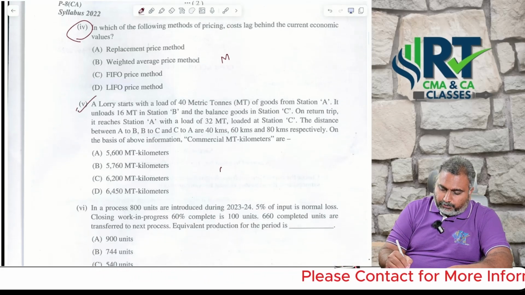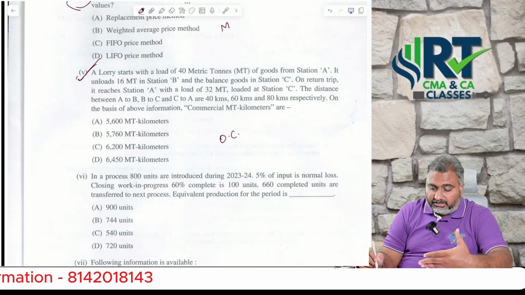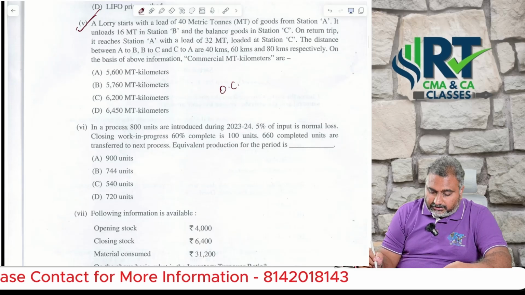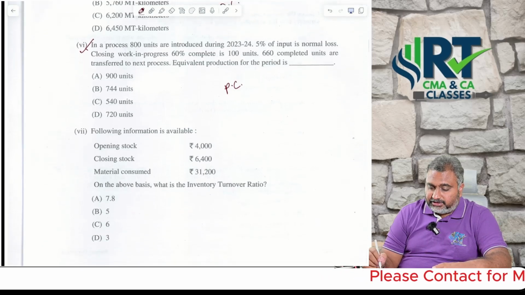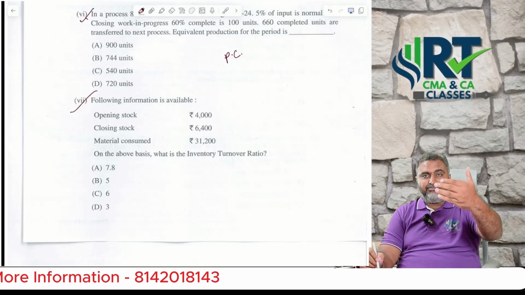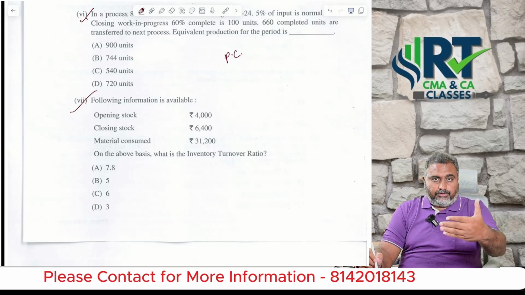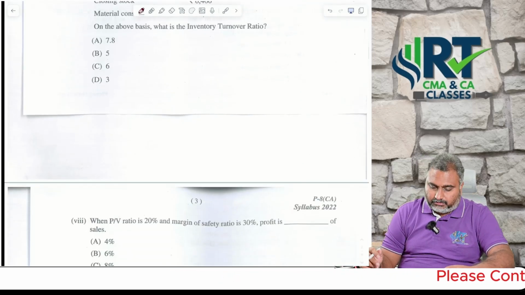This is once again operating costing, sir. And this we already have in our study material, the same model problem, you can check. And this is process costing, sir, compulsorily they are asking one MCQ from process costing. And this is inventory turnover ratio, whatever important questions I listed, there you can cross check. This question I already mentioned regarding calculation of inventory turnover ratio.